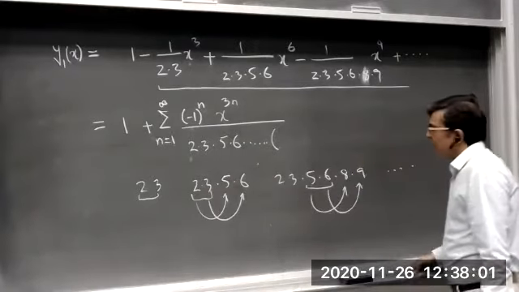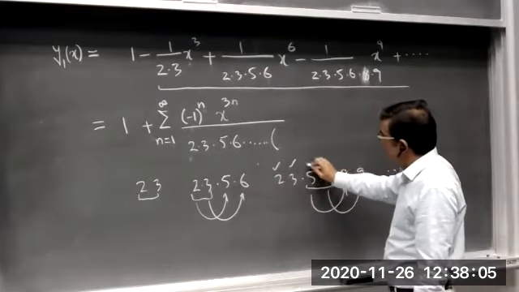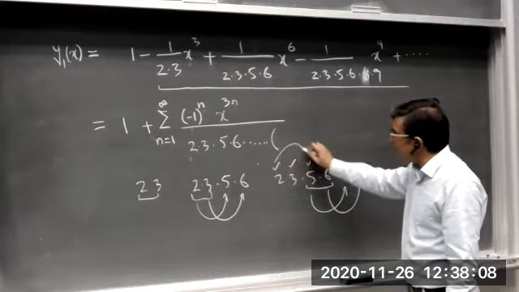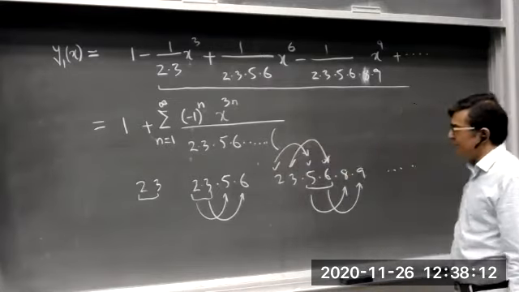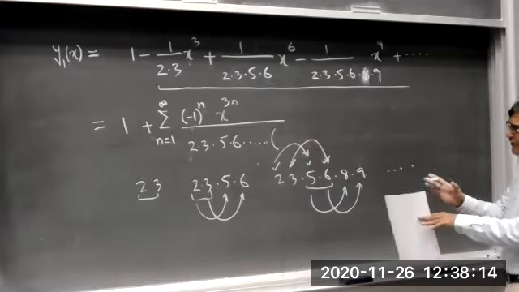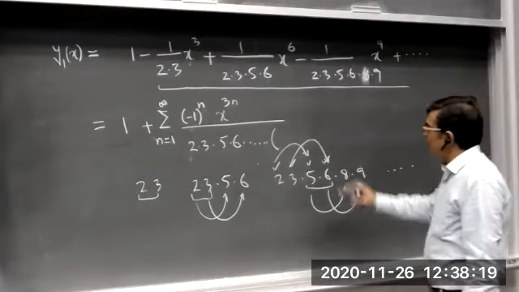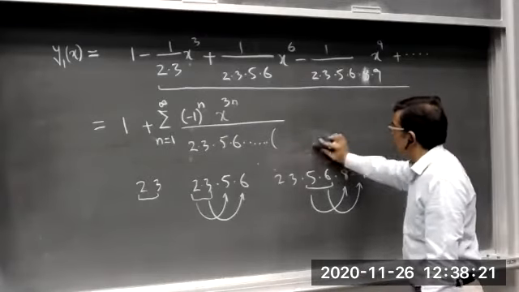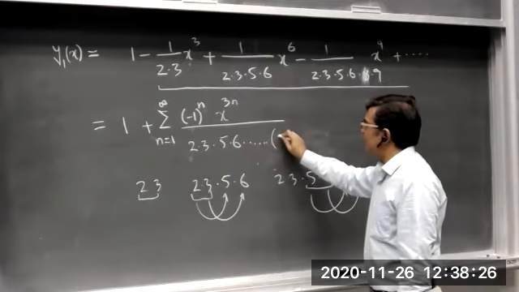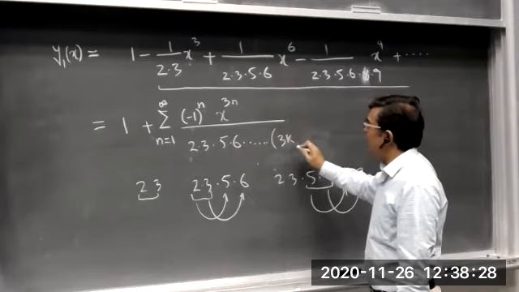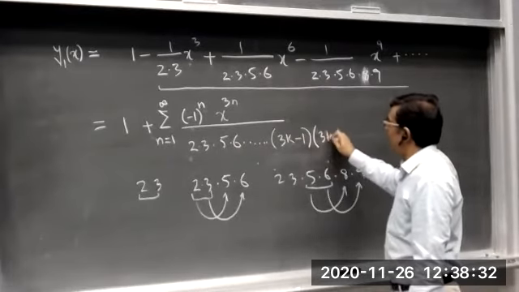So basically in each first term यहाँ पे 3, if we add 3, we obtain this, and if we add 3 here, we obtain the second number. So this is the pattern in the denominator. So we can generalize and write here 2 into 3 into 5 into 6 and so on, and 3k minus 1 into 3k.